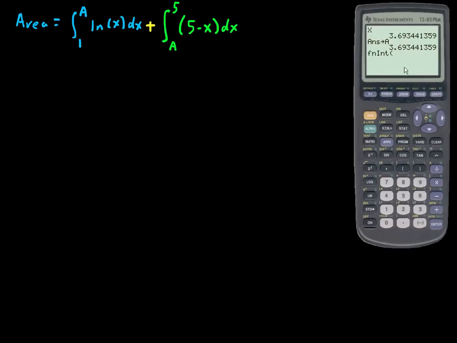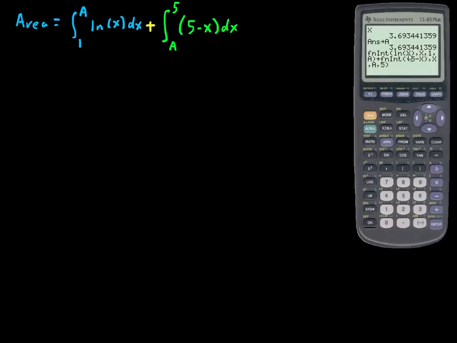Math 9, so the numerical integral of the natural log of x as x goes from 1 to a, don't need to type that value in all over again, plus the numerical integral of 5 minus x as x goes from a to 5.